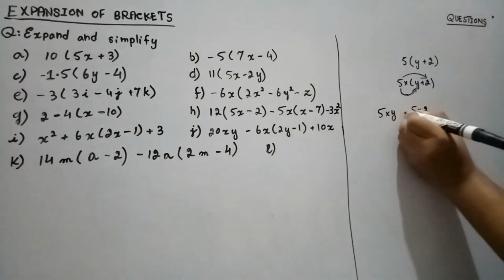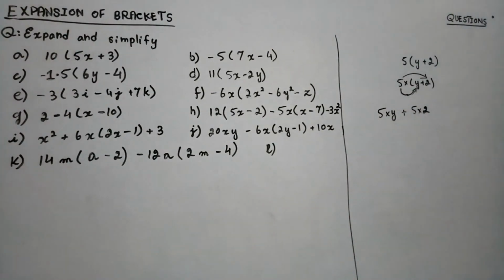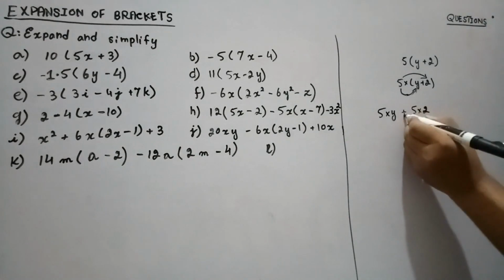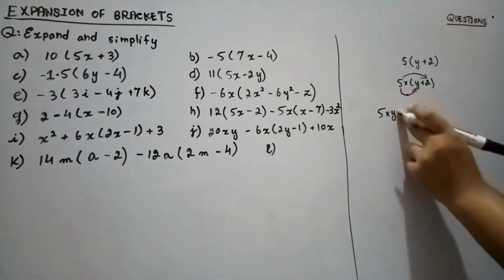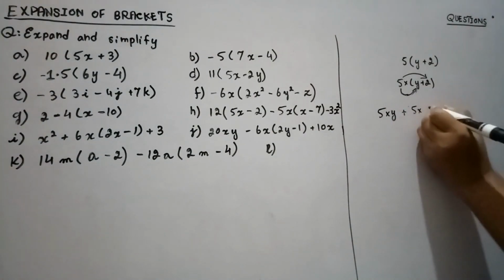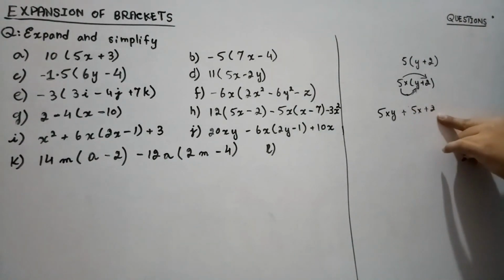It means that here I will write a positive sign, plus y, because you can see here we have a plus sign. Plus y is going to multiply by positive 2.